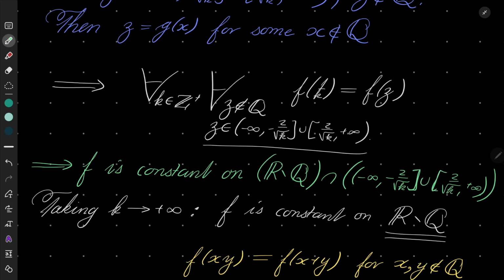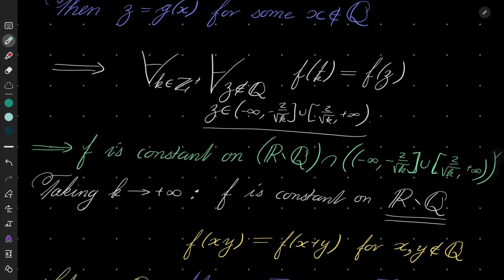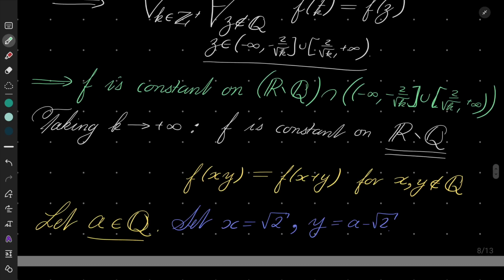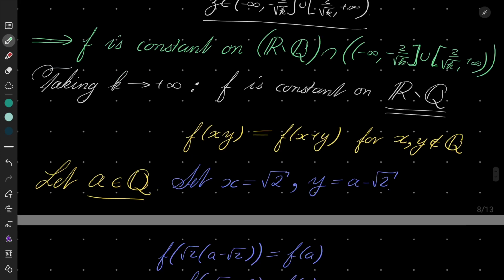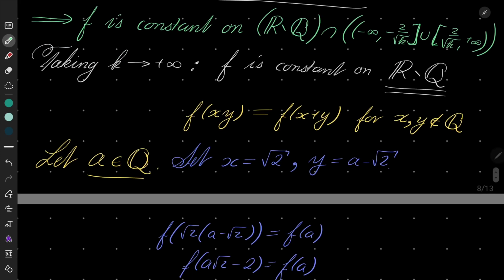Every non-zero number will be in this sum of intervals for sufficiently large k. So by now I know that my function is constant on the set of irrational numbers, and now I just need to verify what happens on the set of rational numbers. So I take any rational number a, I set these two specifically chosen numbers, which are obviously irrational.